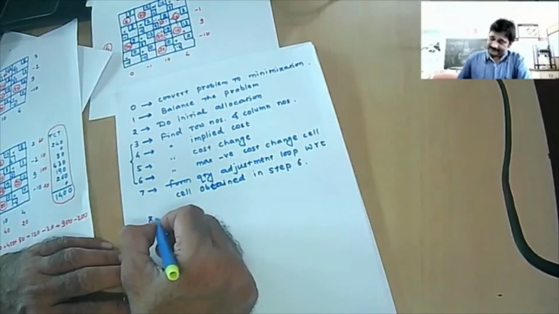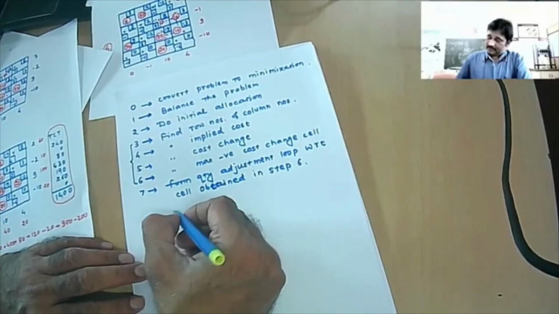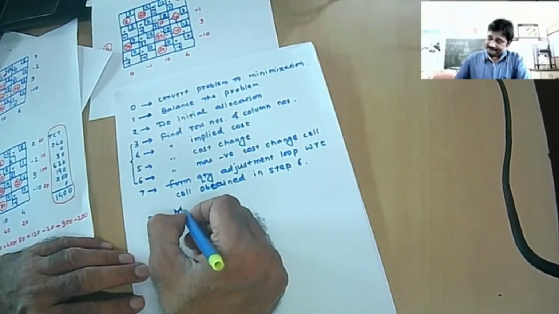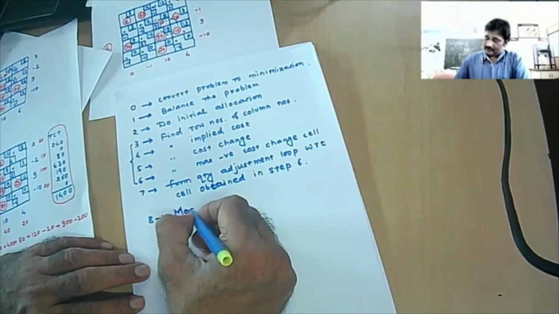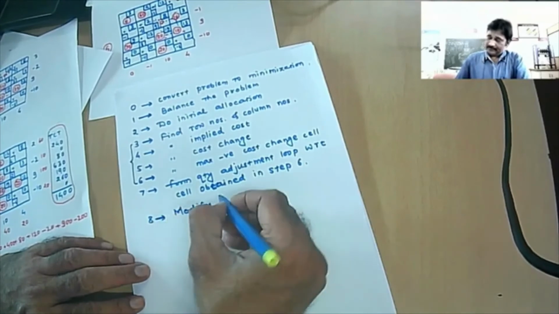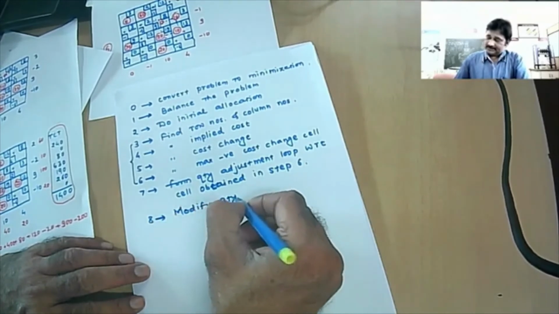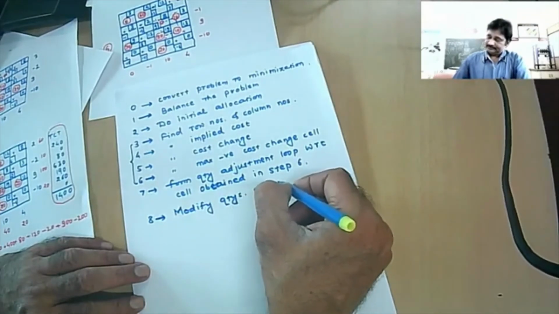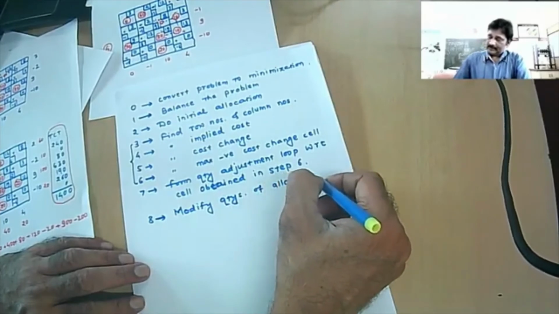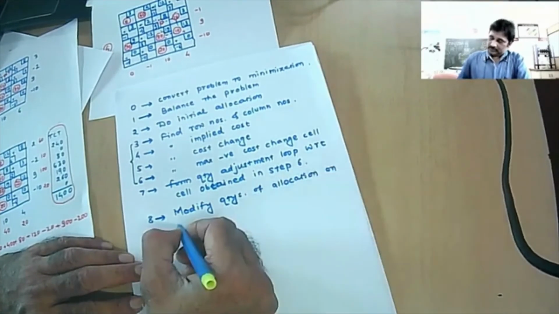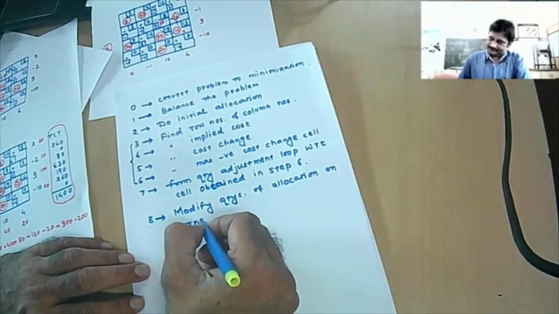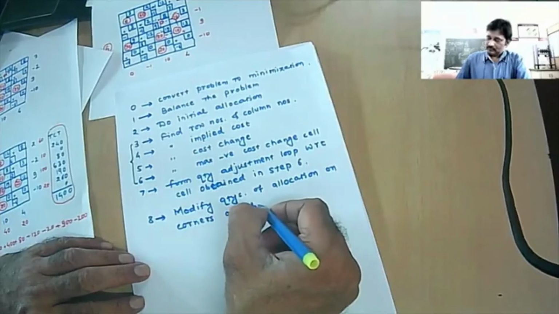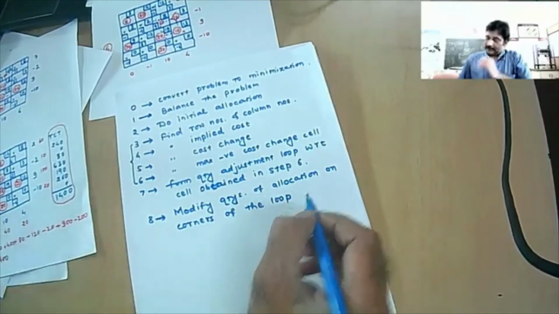Then 8, modify the quantities of allocation on the corners of the loop, right?